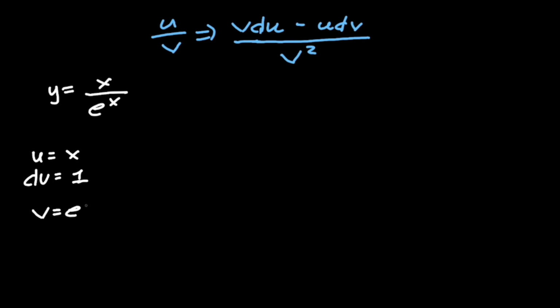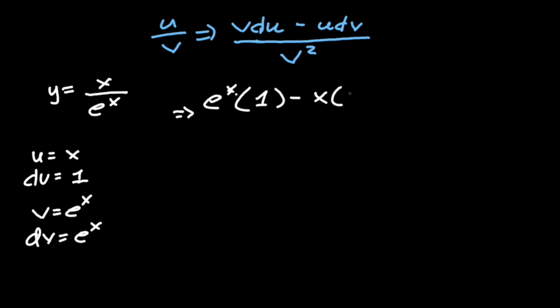V will be e raised to the power of x, and the derivative of e raised to the power of x is still e raised to the power of x. So the answer will be e raised to the power of x multiplied by 1 minus u, which is x, multiplied by the derivative of v, which will be e raised to the power of x, over v squared, which will be e raised to the power of x, raised to the power of 2.